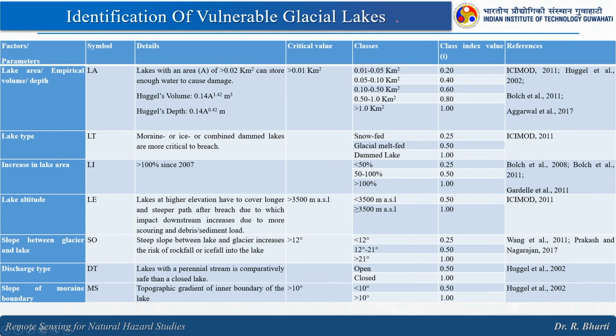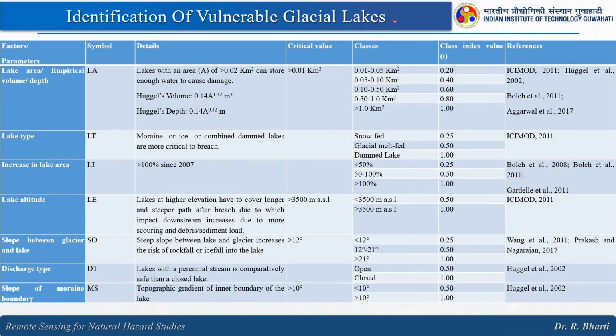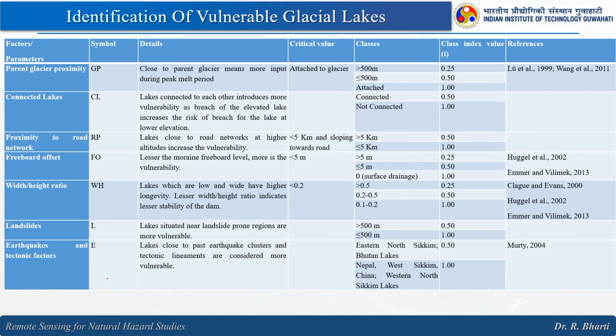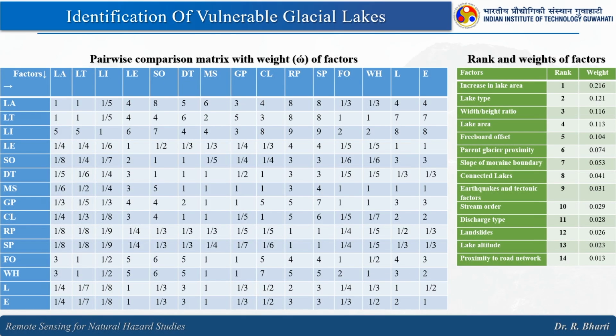So, based on our field investigation, the literature review and the remote sensing data products, we have formalized this analysis. To identify the vulnerable glacial lakes, we have considered different parameters which are listed here. You can see, and why we have listed them is also explained in this.